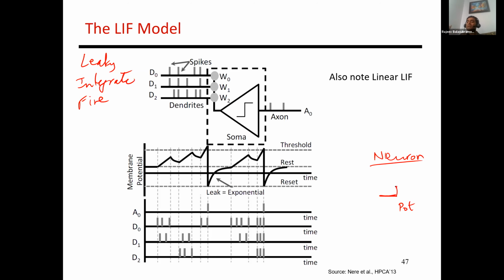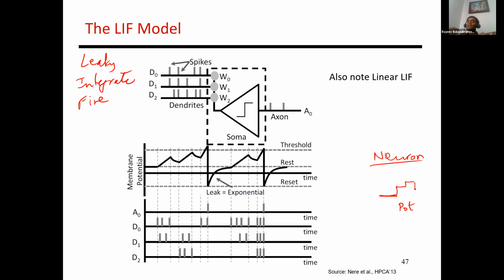In the next time step, you may get an input on input 2, so there's a spike on input 2. Because of a different weight associated with that input, the potential rises by a different amount. Then you get an input on input 3. That may have a negative weight, so the potential may actually reduce.